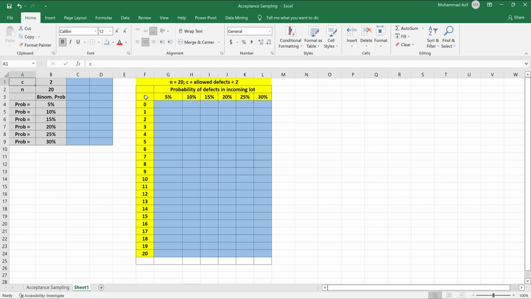Here for instance we have C, and that's the number of allowed defects, and this is the probability of finding defects, and the total number of samples is 20.